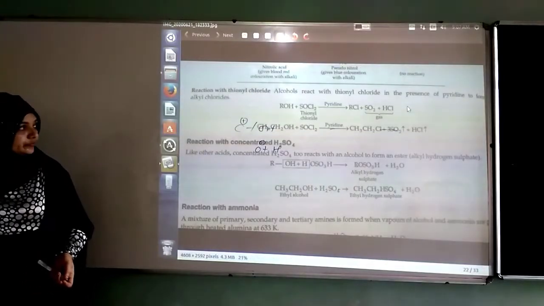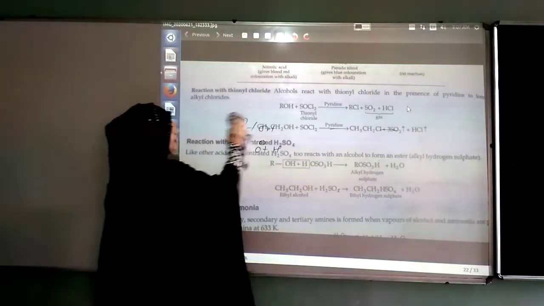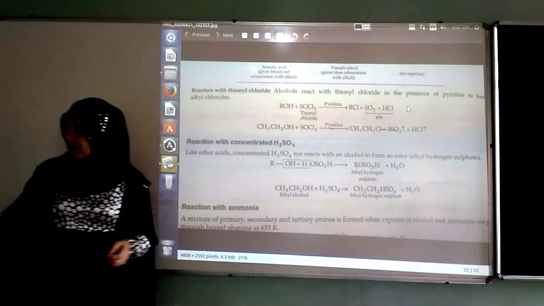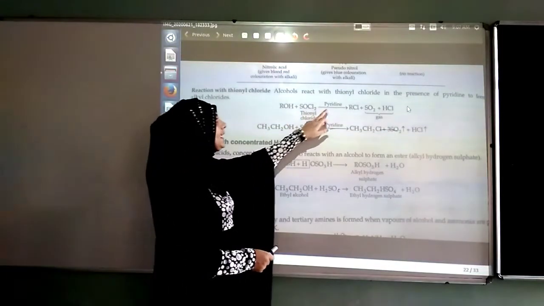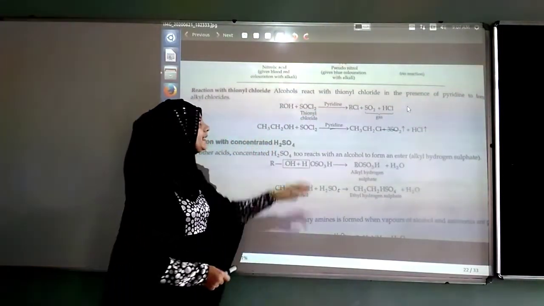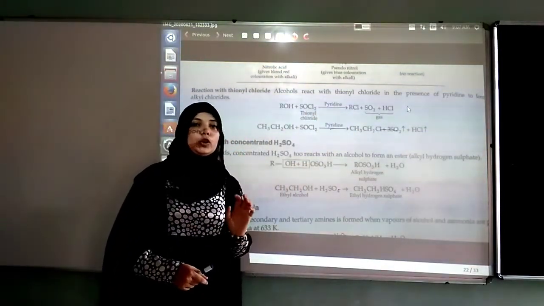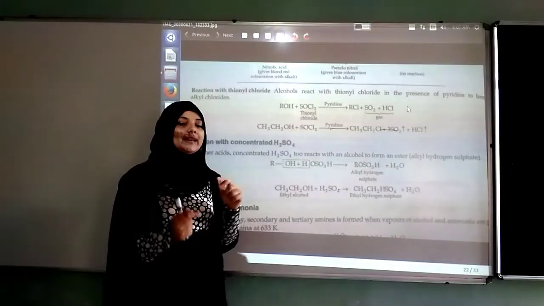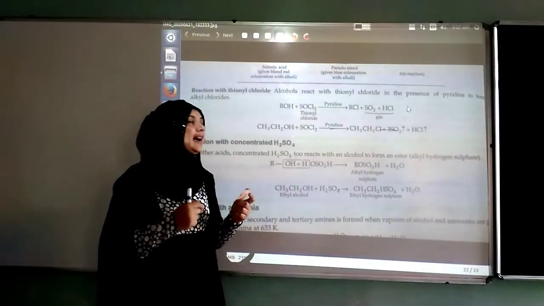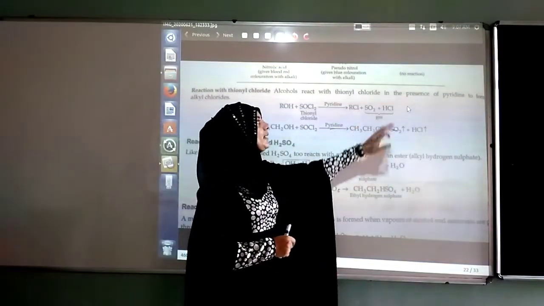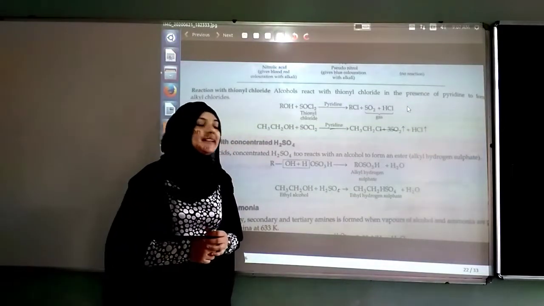Next, we have the reactions of thionyl chloride. Thionyl chloride in the presence of pyridine gives you the chlorinated product. As you can see, thionyl chloride has 2 chlorines, 1 chlorine is attached to the alkyl group, and the remaining comes out as SO2 plus HCl gas.